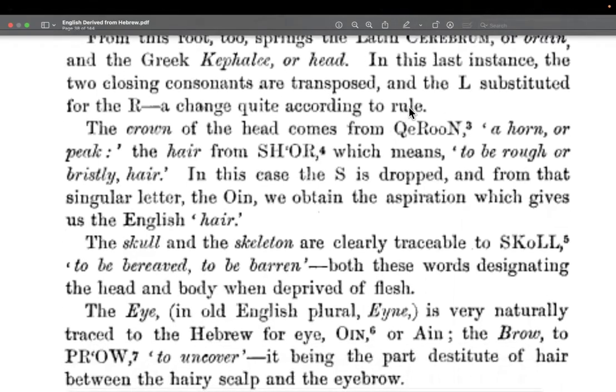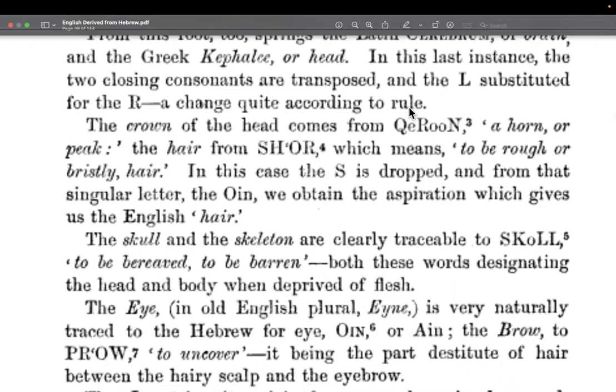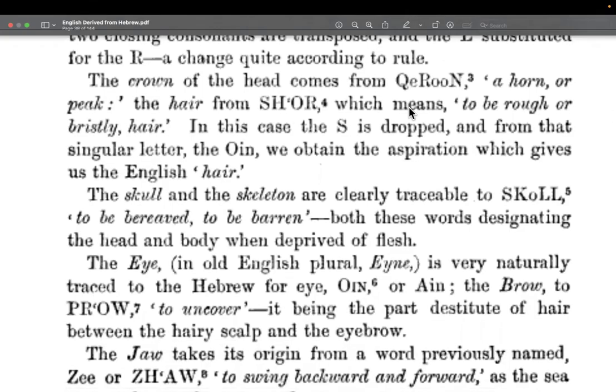And the rule here isn't so much some arbitrary thing made up by a man, but the natural and observable phenomenon of how the languages have changed over time and in different areas. The crown of the head comes from Kerun, also like Kronos, right? A horn or peak. The hair from Shehor, which signifies to be rough or bristly hair.